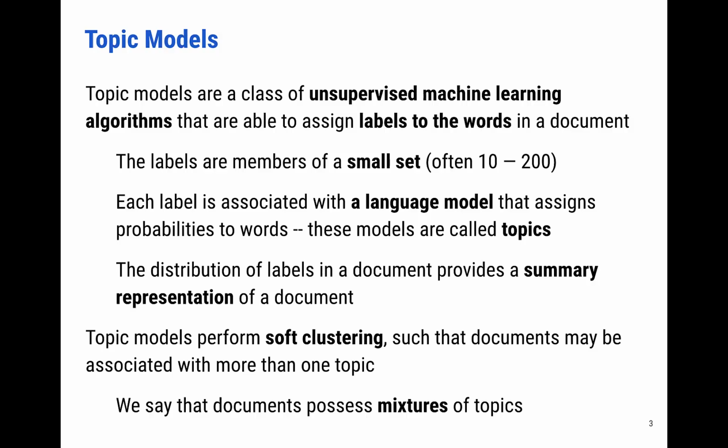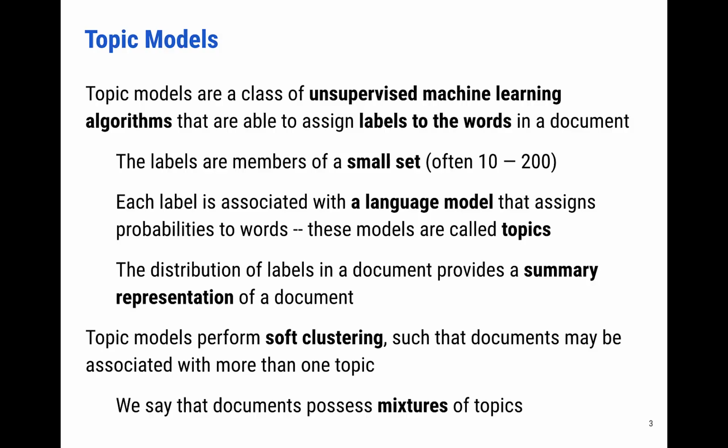What you're essentially doing is labeling the words in a document, and instead of assigning the whole document a label, you're assigning each word a label, and then you're summing up the distribution of those labels to get the mixture of topics for a document.